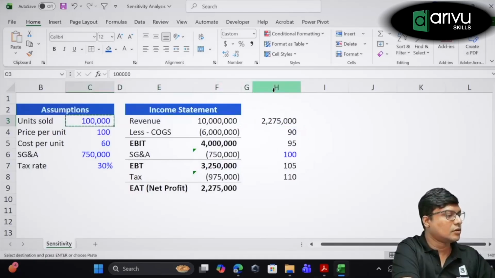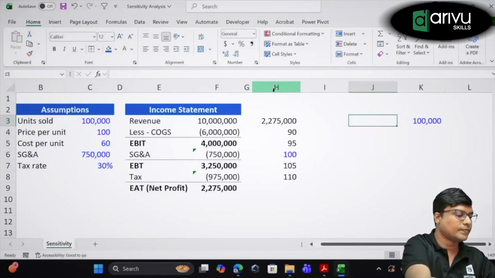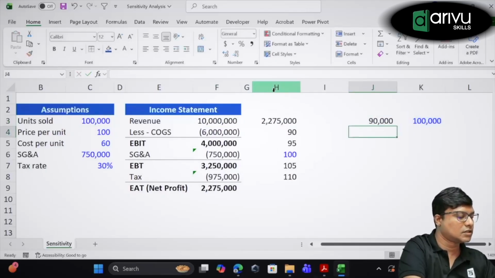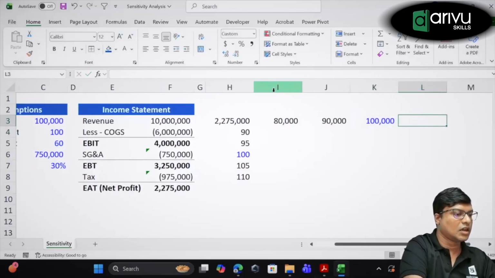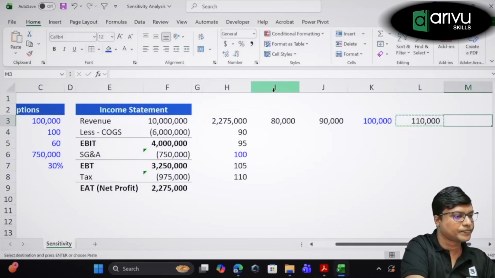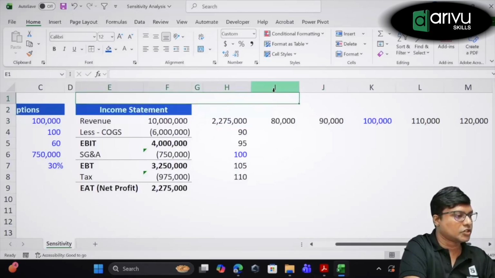So here, copy this, paste it here, decrease by quantity 10,000 units, and here I'll increase it by 10,000 units. So I have applied the different combinations here.